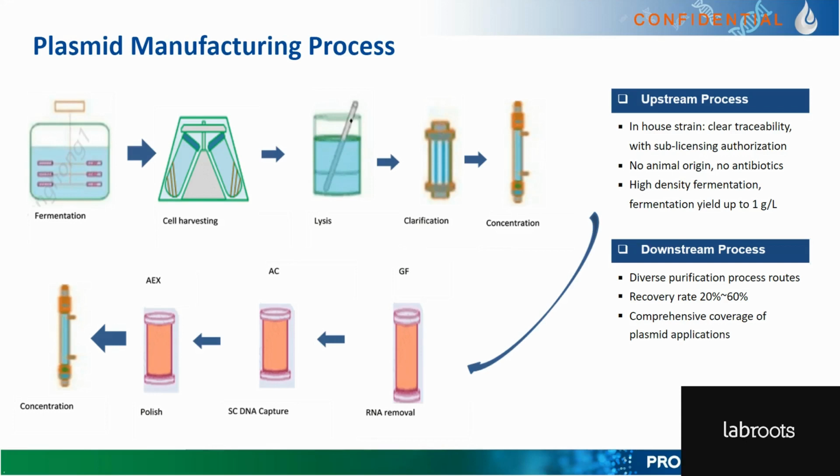So here we demonstrate a process overview for our plasmid manufacturing process, including upstream and downstream processing. We start with the fermentation, then we collect the cells for cell harvesting, we lyse our cells, and through the clarification process, we go further down to concentrating our material and moving on to downstream processing.